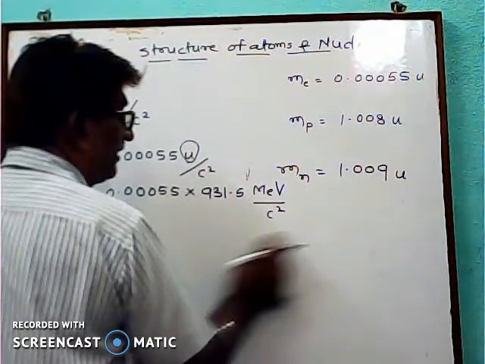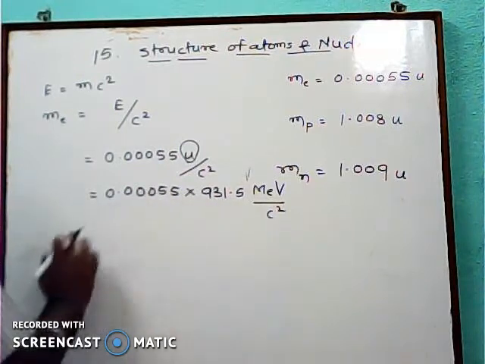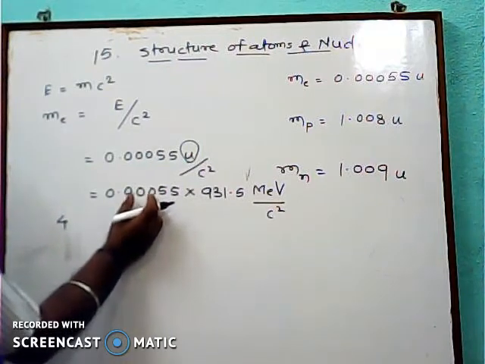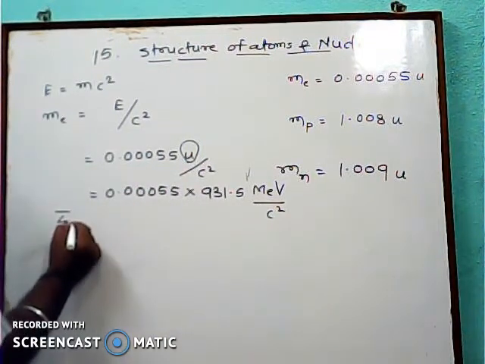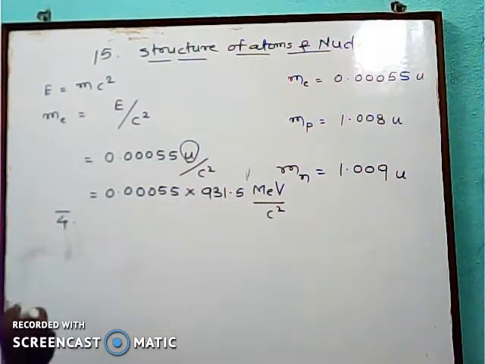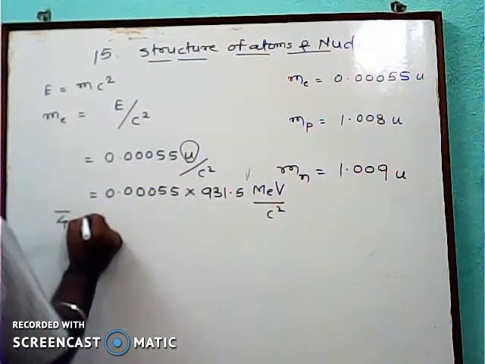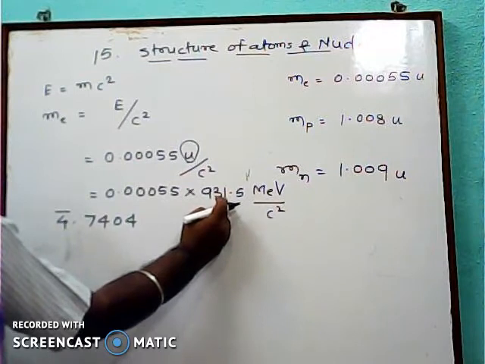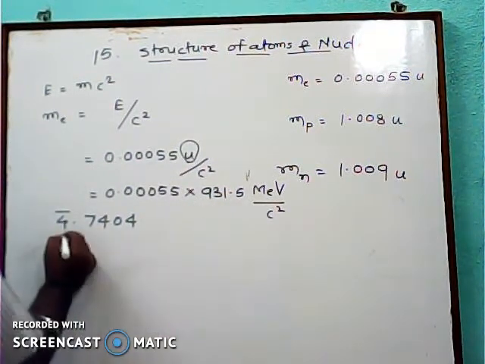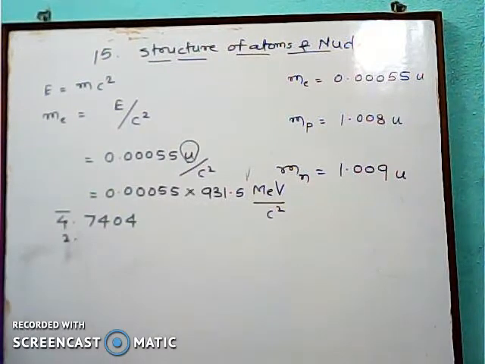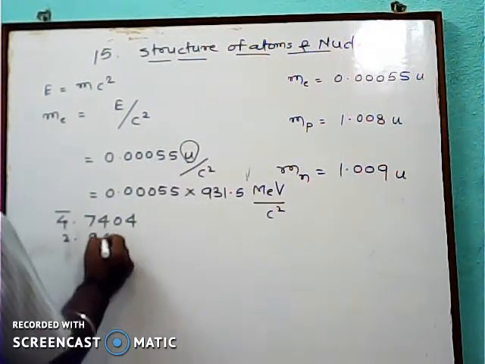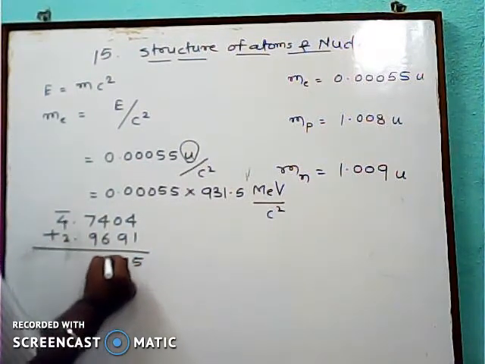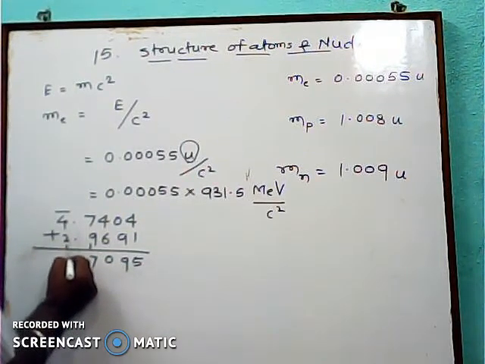So we can calculate using the log table. 0, 1, 2, 0, 3, 0, 3, 0, then 1 is added. So its characteristic will be 4 bar point, and its logarithm will be 7404. Here, before the decimal point, 3 digits are there, so the characteristic will be 2 and its logarithm will be 9691. If we add, it will be 5, 9, 10, 17 and bar 1.